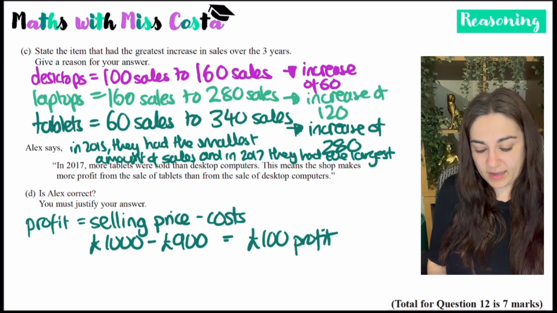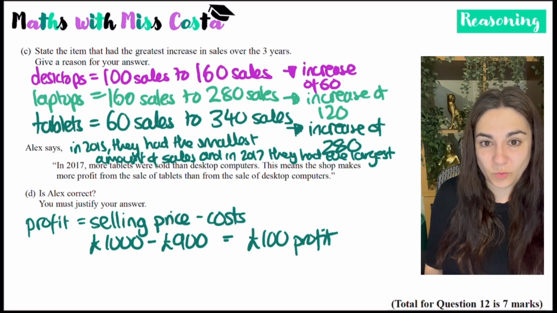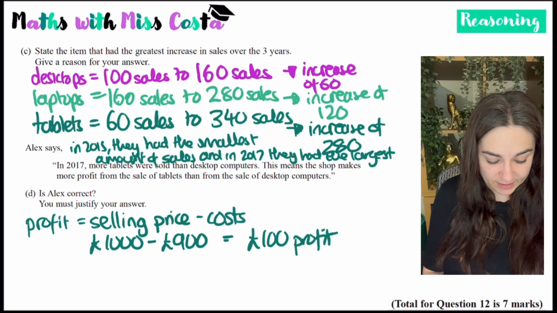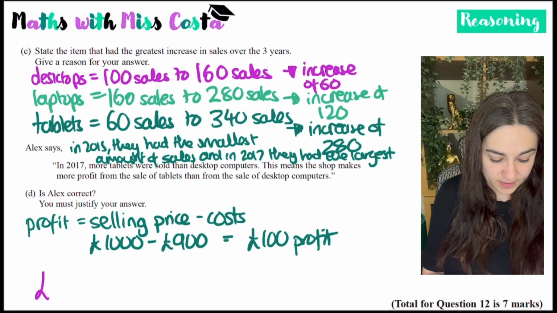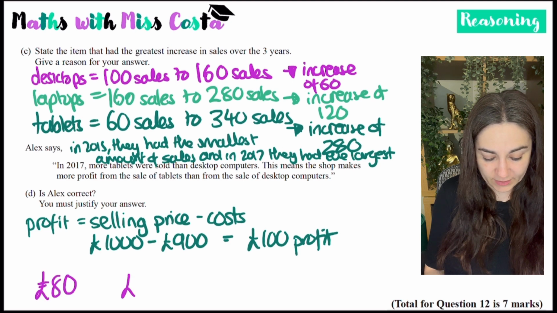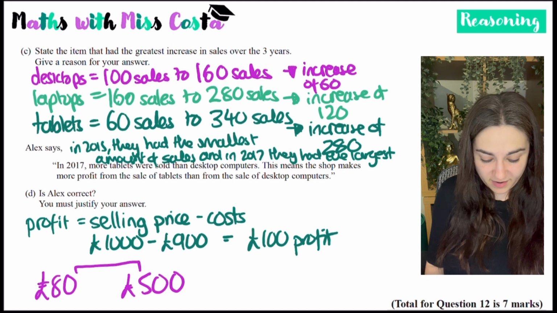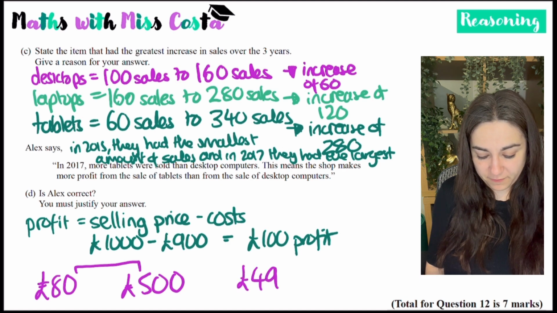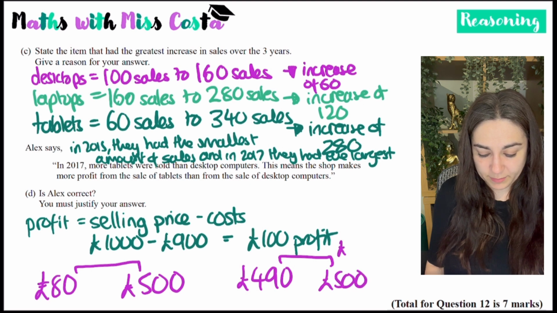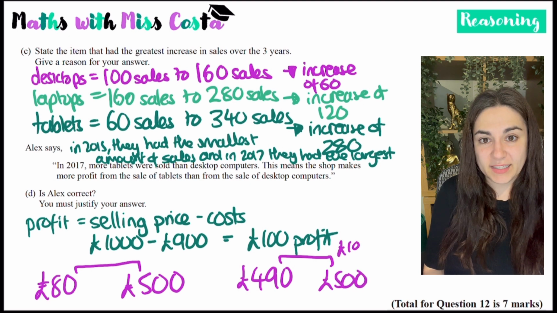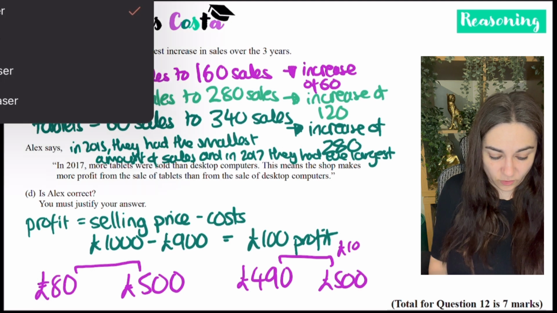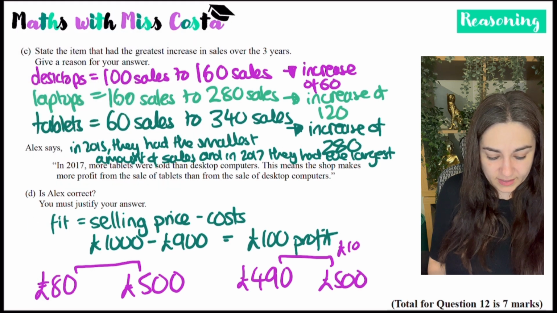So profit depends on what they're selling it for. If they bought a tablet for £80 and they sold it for £500, they've made a huge profit. But if they bought that same tablet for £490 and sold it for £500, they've made a really small profit of £10. So profit is dependent on what they sell it for.